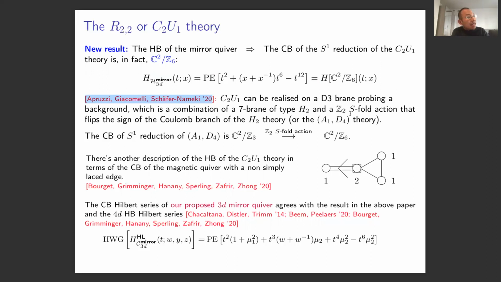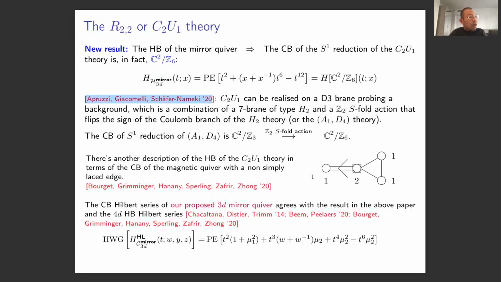And the fact that it's one quaternionic dimension matches the 4D theory being rank 1, because when you compactify the 4D theory with a one-dimensional complex Coulomb branch, you get a one quaternionic dimensional Coulomb branch of the 3D theory. Okay, that's nice.